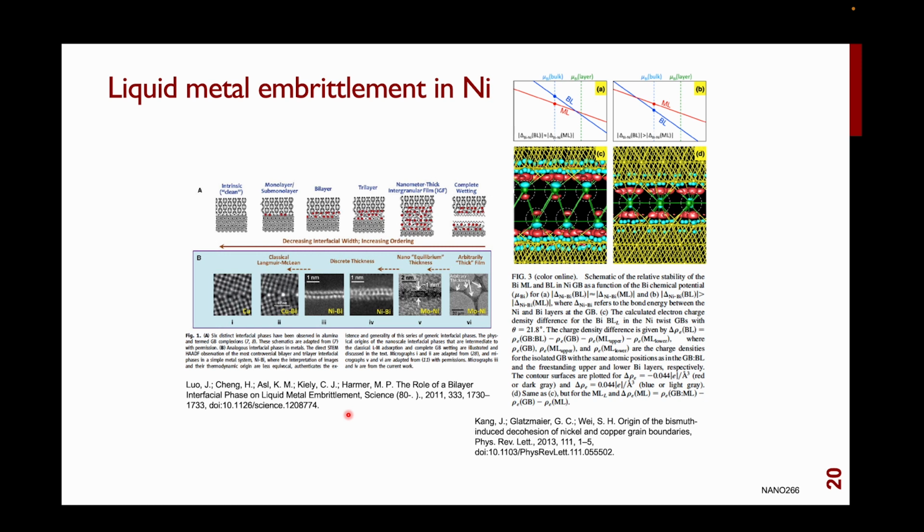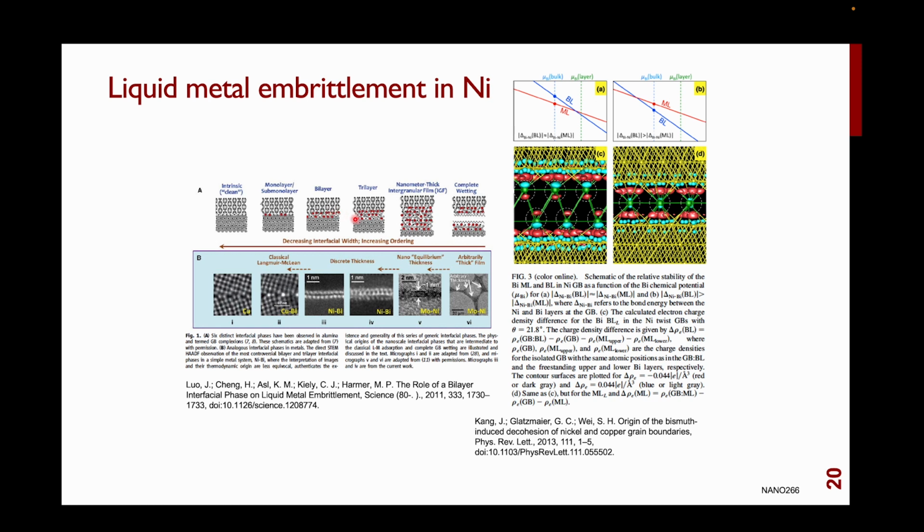What they found was that bismuth tends to segregate to the grain boundaries, okay, and form this kind of bilayer structure, and that bilayer structure actually weakens the grain boundary cohesion, right? And that results in a very brittle metal that can just fall apart quite easily, right?